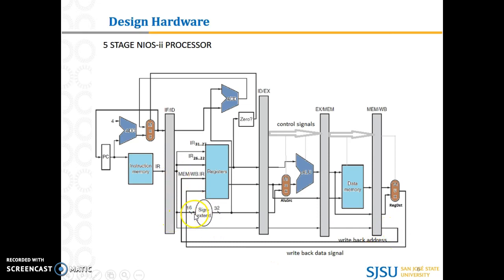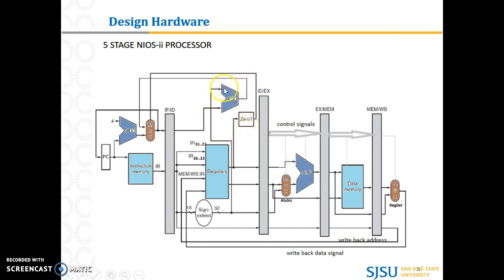Then the 16-bit immediate value in the I-type instructions. We have 3 kinds of instruction sets: I-type, J-type, and R-type. I-type has a 16-bit immediate value. These values are sign extended to 32-bit values, so that we can use them in the execute stage to perform the arithmetic operations on the sign extended immediate value.